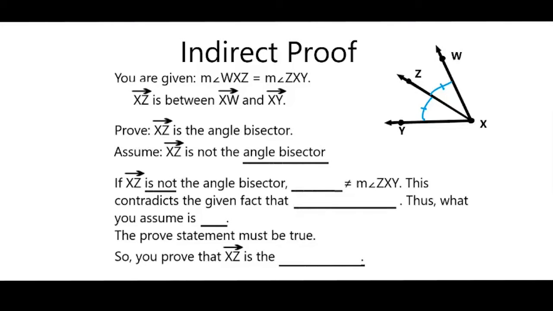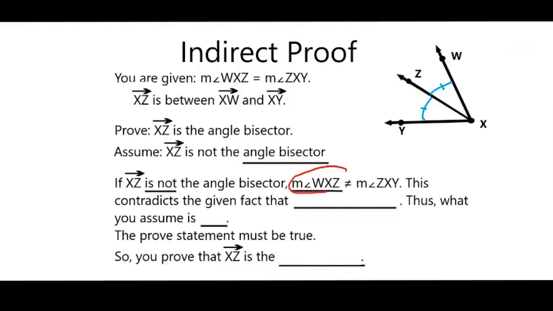Well, if that's the case, then blank is not equal to the measure of angle ZXY. Well, what do we know is the measure of angle ZXY? Up here, the measure of angle WXZ is equal to the measure of angle ZXY. So that means our blank here should be the measure of angle WXZ is not equal to the measure of angle ZXY.